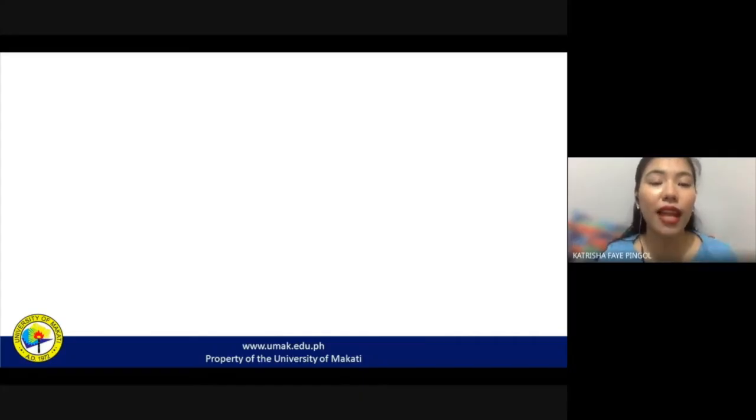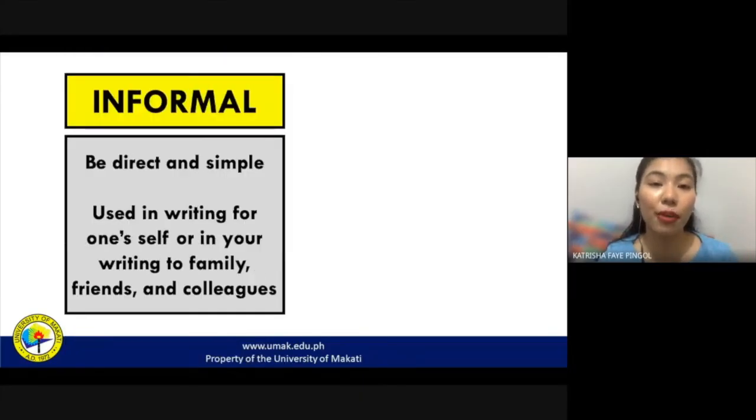Now, in terms of language, it could be informal. By informal, we mean using words that are direct and simple. Usually, informal language is used when writing for your own purposes, or even writing to your family, friends, and colleagues.